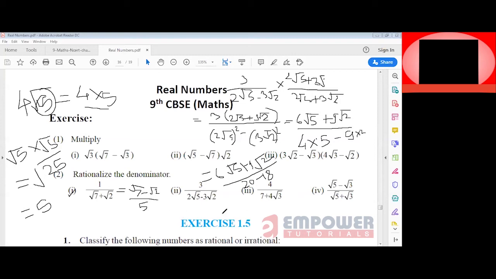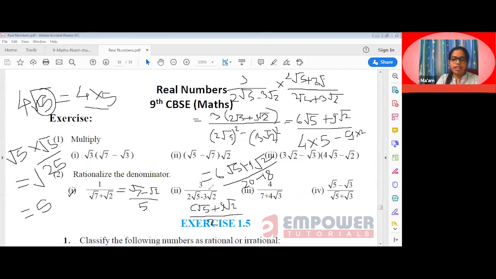So the final answer will be 6 root 5 plus 9 root 2 upon 2. So this is how you have to rationalize your denominator.